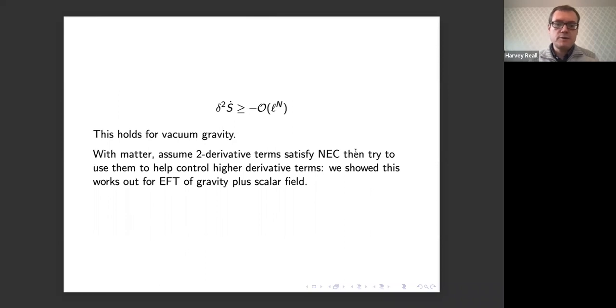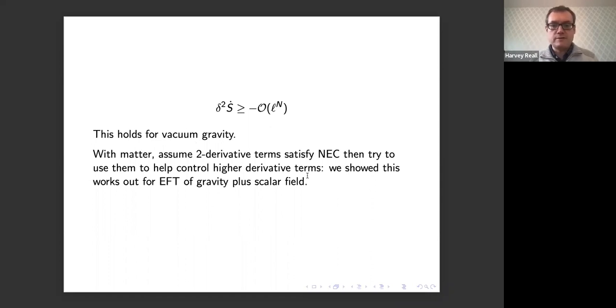And so we showed this works out for the simplest kind of matter field, which is just a scalar field. So it all works out for the effective field theory of gravity coupled to a scalar field. And I expect it would also work out, for example, for a Maxwell field.